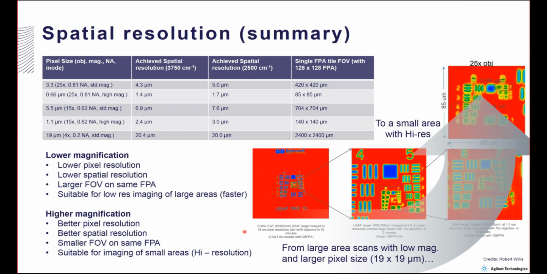So, from large areas with low magnification, in this case 19 by 19 micrometer pixel size, we move to smaller and smaller areas, increasing the resolution of our chemical imaging until we reach a resolution that can be really close to a very few micrometers.